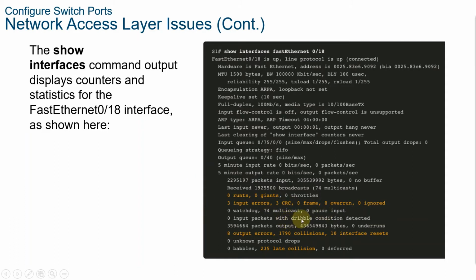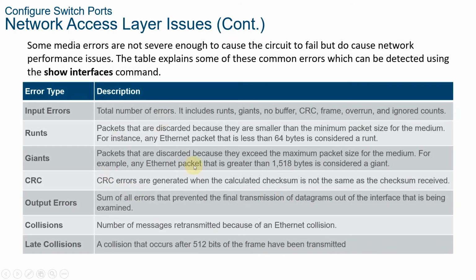Output errors are the sum of all the errors that prevented the final transmission of datagrams out of the interface that is being examined. You also have collisions, the number of messages retransmitted because of an Ethernet collision, and late collisions, a collision that occurs after 512 bits of the frame has been transmitted. This table explains some of the common errors which can be detected using the show interface command presented in the previous slide.